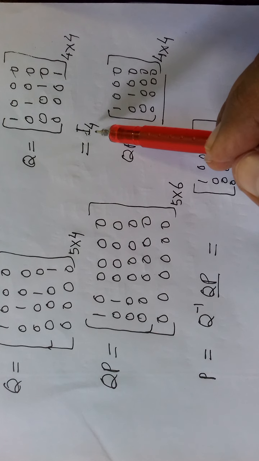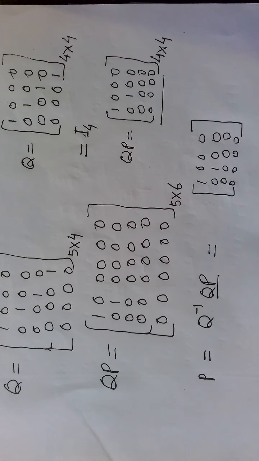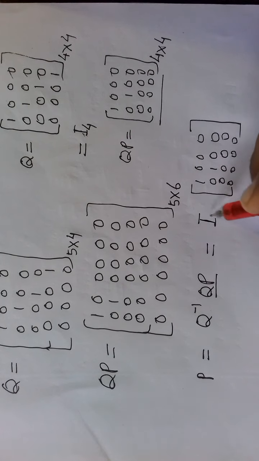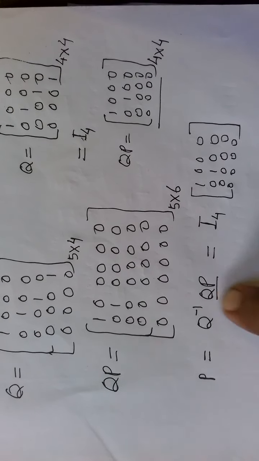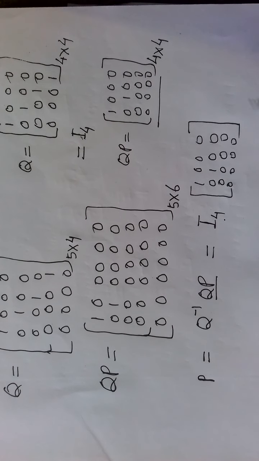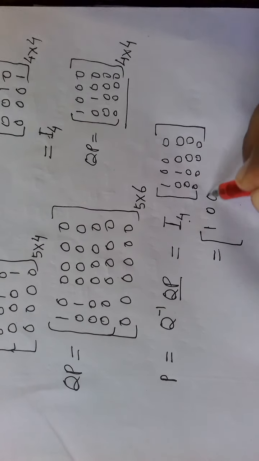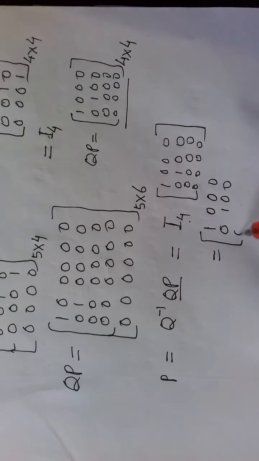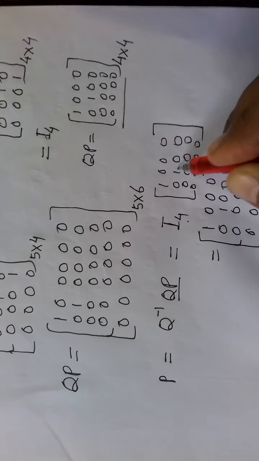So Q inverse Q will be the identity matrix I4, because Q is itself an identity matrix and its inverse will be the same, and the product of these two identity matrices will be an identity matrix I4, and this gives us 1 0 0 0 0 1 0 0 0 0 0 0 0 0 0 0, the same matrix.